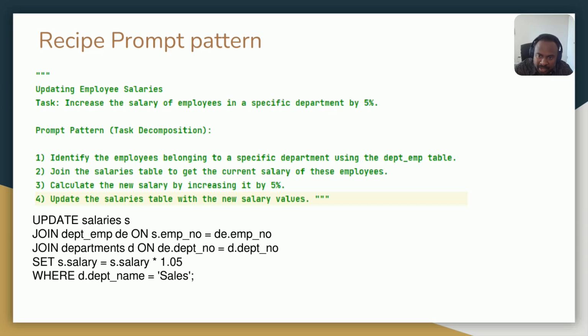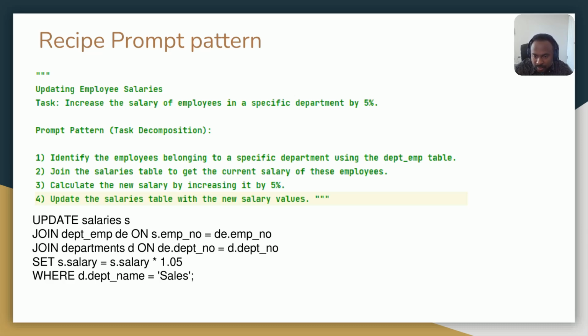There's another pattern, which is the recipe prompt pattern, where the tasks are decomposed in the prompt. Instead of a single prompt, we have given four steps, for example if you want to increase the salary of employees in a specific department by 5%.